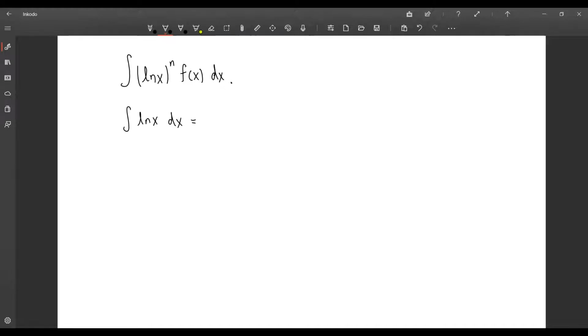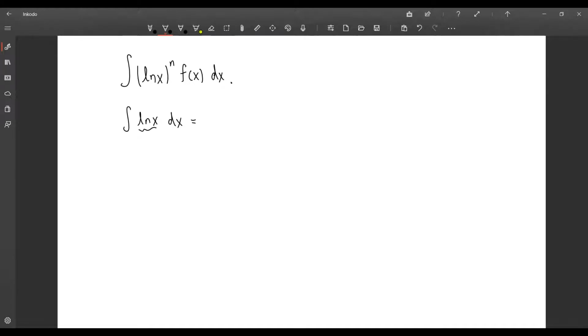And so I'll quickly go over the derivation. You essentially say that x is your integral symbol, and ln of x is what you're going to take the derivative of in the new integral.